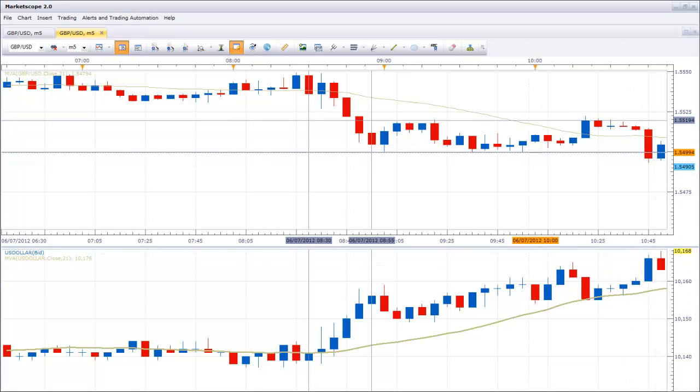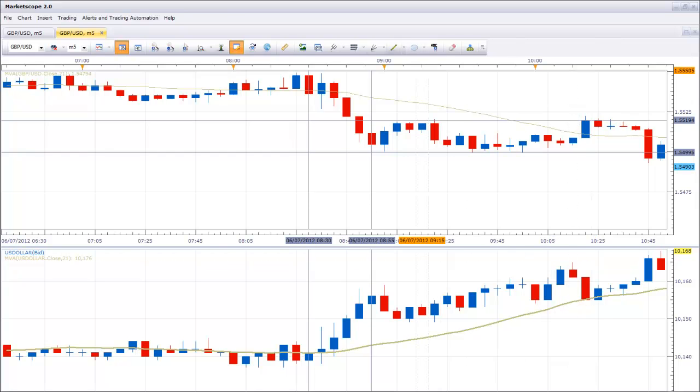Now, when I said it wasn't exactly a 20 pip stop, it's because I wasn't going to base my trade on the close or the movement below the GBP USD low. What I was going to base it off is the US dollar movement.